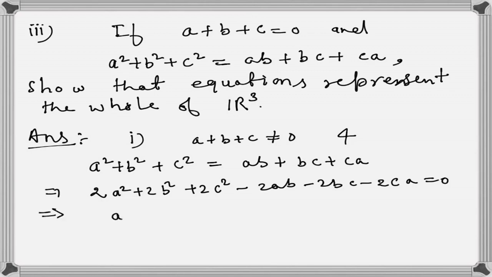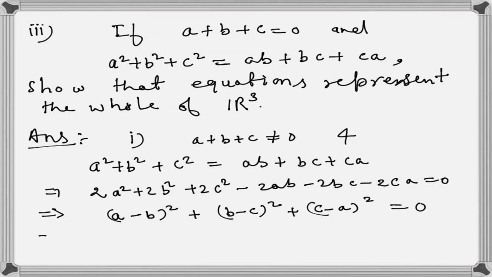So this implies that A minus B whole square plus B minus C whole square plus C minus A whole square is 0, right? Because this is the sum of three non-negative numbers, and the sum is 0.